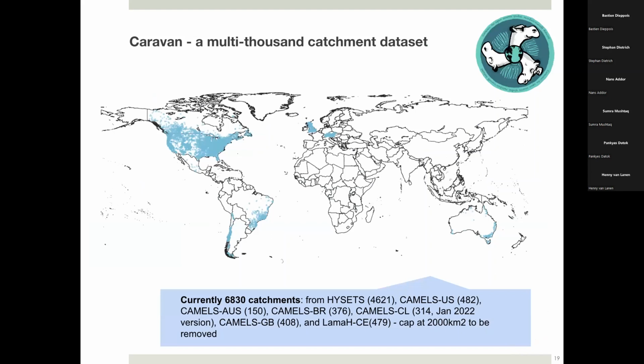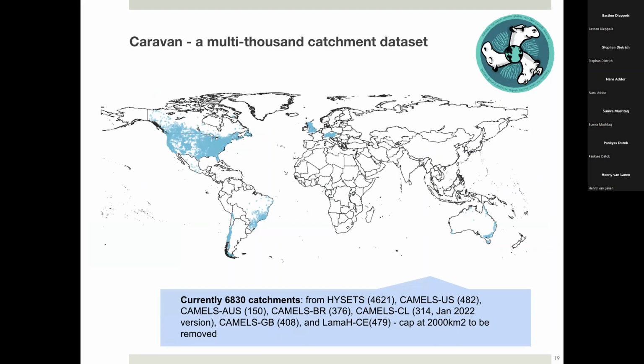Let me tell you about the dataset component of Caravan. For the dataset component, we've brought together datasets that include daily streamflow time series and that have a permissive license that enables us to redistribute the flow data. Here's a list of the datasets.